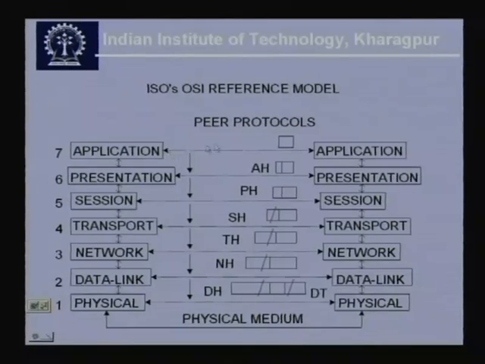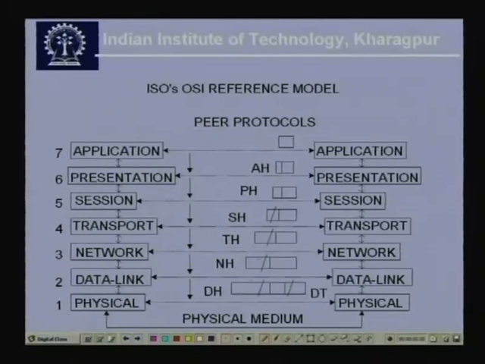However, the communication takes place between two users, rather peer protocols. For example, here you have got user A and here is user B. Suppose they are sending email.